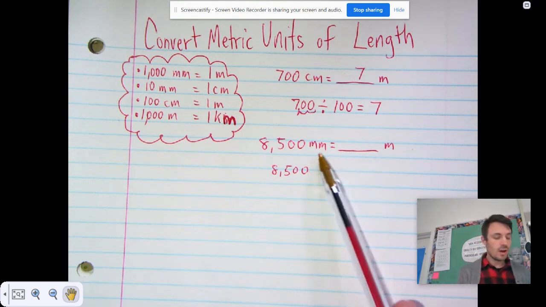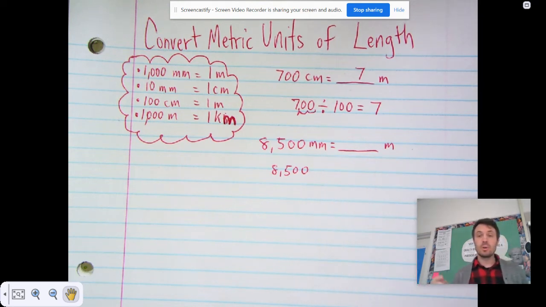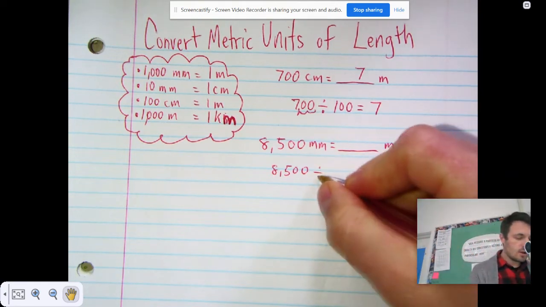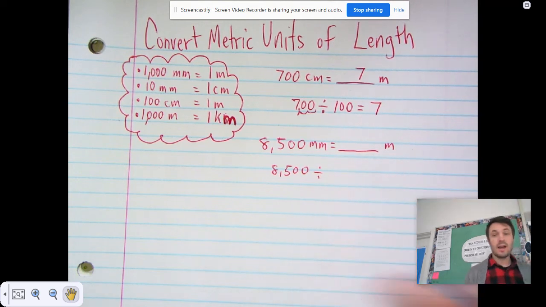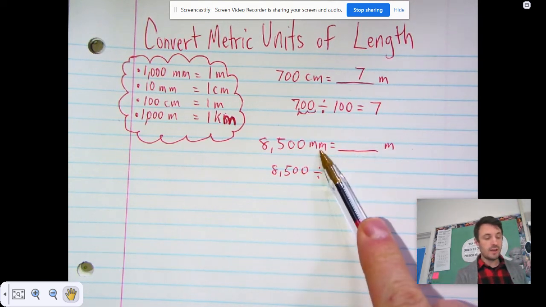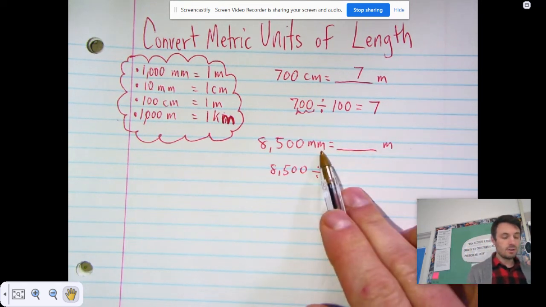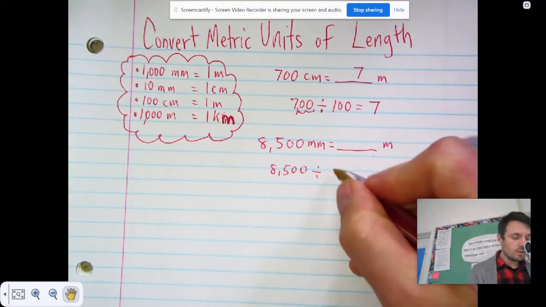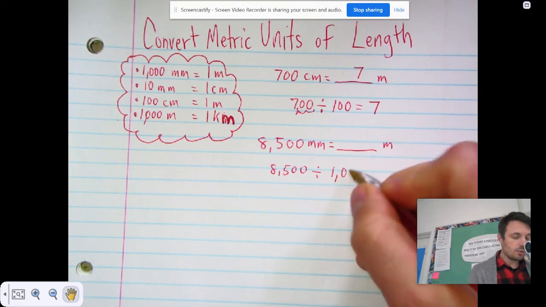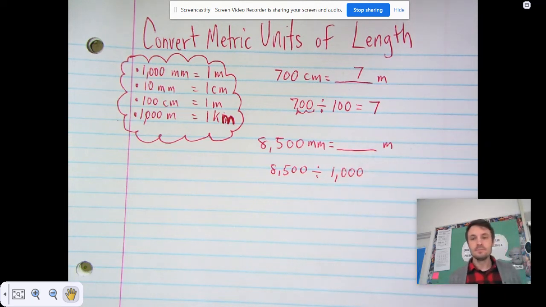And since we're going from millimeters to meters, we're going from a smaller unit to a larger unit, we're going to divide. So it's going to be 8,500 divided by what? The amount of the smaller unit that can fit into one of the larger unit. Since 1,000 millimeters can fit into 1 meter, we divide 8,500 by 1,000.